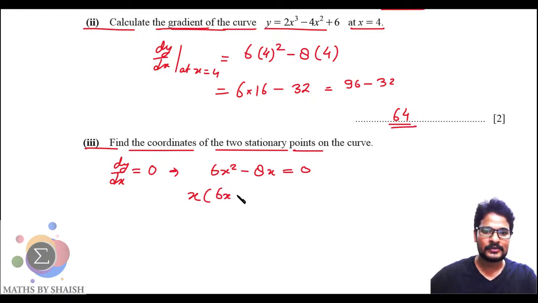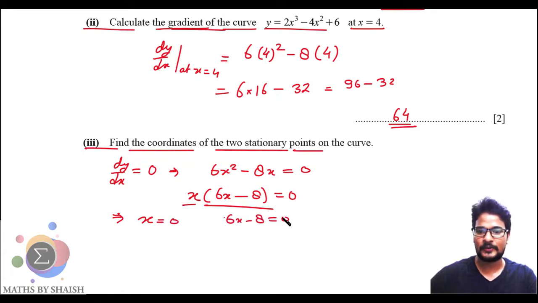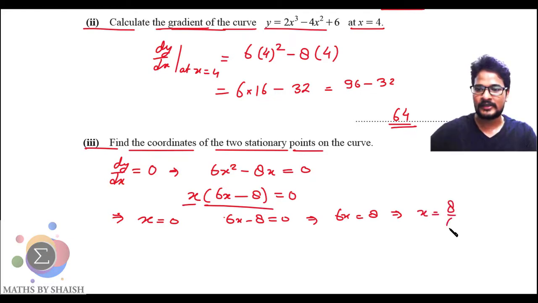So x times (6x minus 8) equals 0, and as we got the product of two numbers, it means either x is 0 or 6x minus 8 is 0, which gives us 6x equals 8, so x equals 8 by 6. We can cancel by 2, so it is 4 by 3.